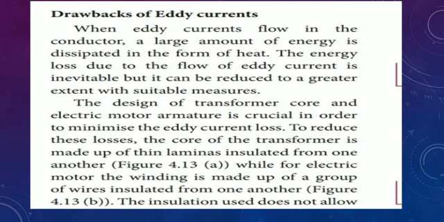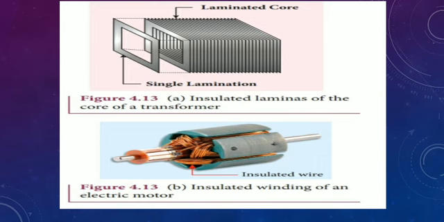See, this is the laminated core. This is the single lamination, and this is the laminated core. Around 50 cores are present. Insulated laminates of the core of a transformer, and this is the coil, insulated winding of an electric motor. See, this is that copper coil. The whole setup is the winding.